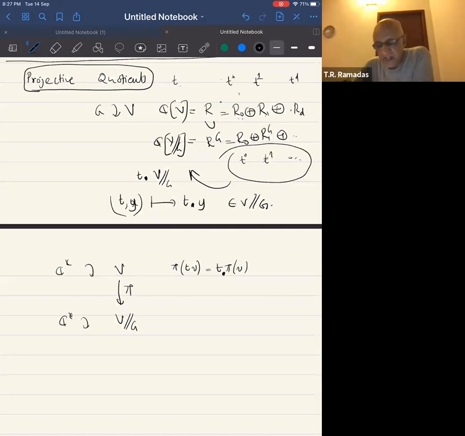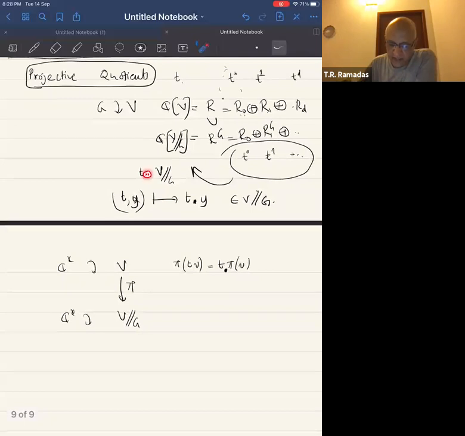Now, the action on functions here gives this action on functions here on the invariant polynomials, and that in turn gives an action on V mod G, which I denote by this thickened dot here. So take a scalar t and a point y in V mod G, that goes to t dot y in a particular way, in such a way that as far as the quotient map is concerned, it commutes with the C star action.